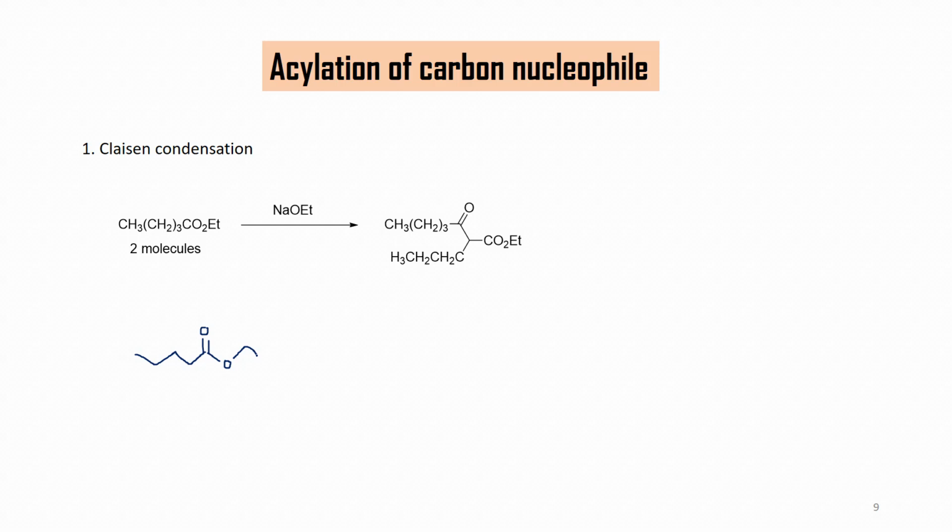Whenever there is an acidic H, and you know the alpha hydrogen adjacent to the carbonyl is acidic, in the presence of this acidic hydrogen, if you add base, what will happen?